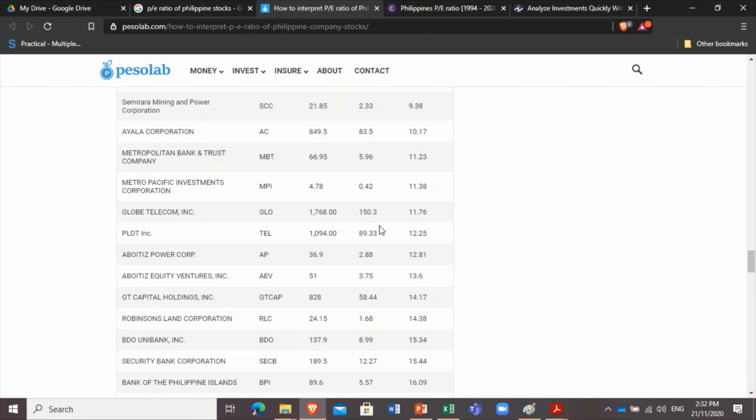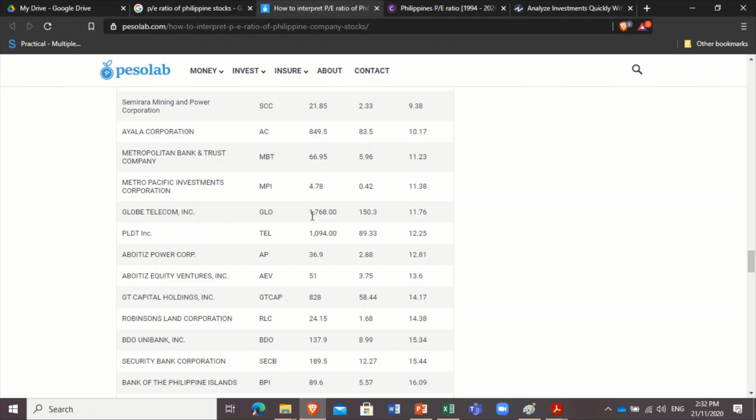Okay? So, the point is, ang sinasabi nila, the lower the PE is, the better. Ibig sabihin parang sinasabi na undervalued yung stock if the price to earnings is very low but the earnings is significantly high. So you know that this is a good buy. It's a good stock. Okay?